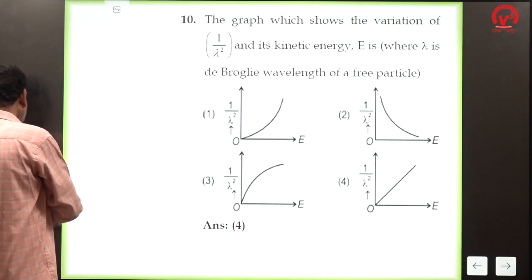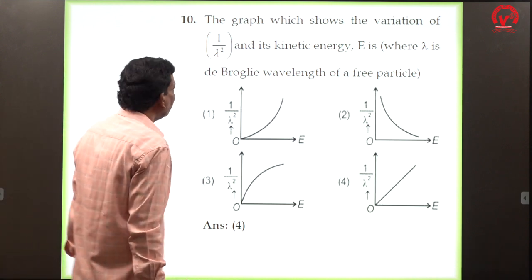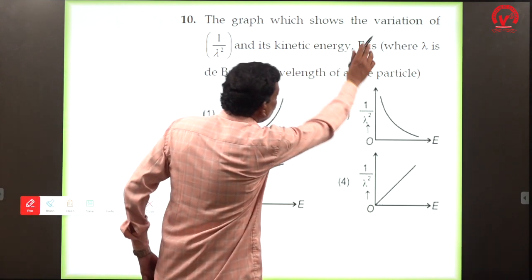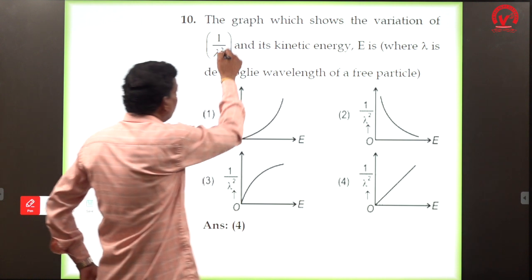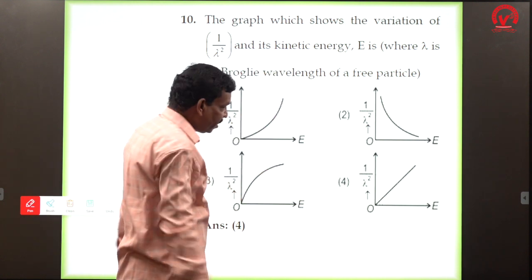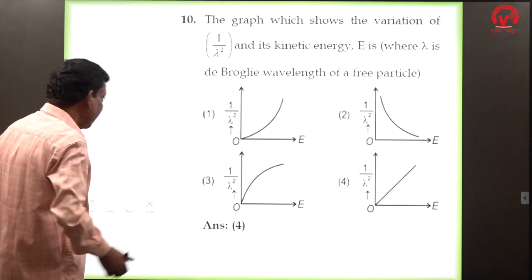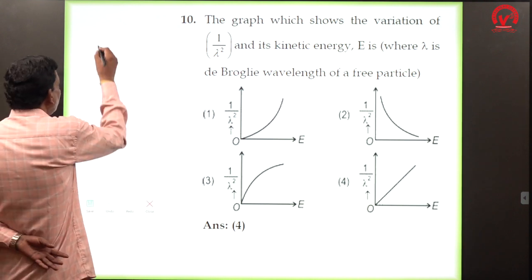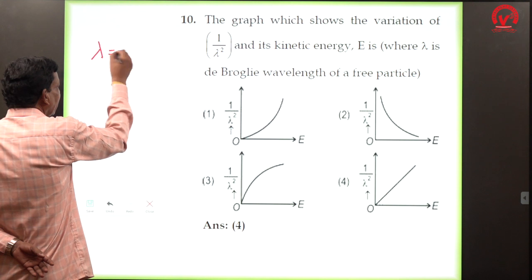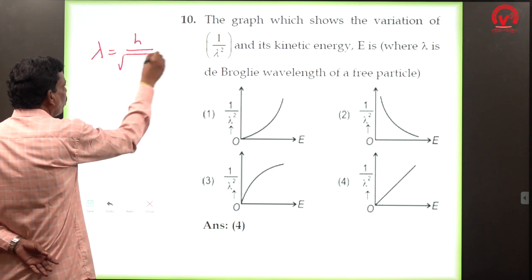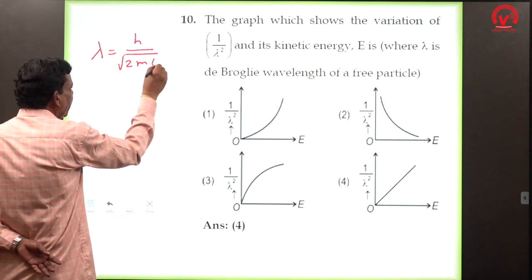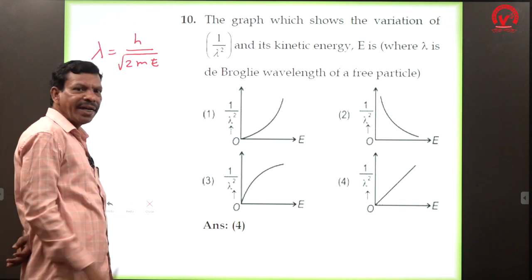Question number 10. They given here a graph showing variation of 1 by lambda square and kinetic energy. What is the formula we have in the dual nature of radiation? Lambda, the de Broglie wavelength, lambda equals h by root 2mE, where E is the kinetic energy.